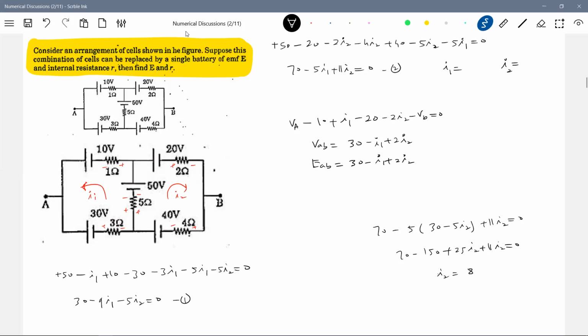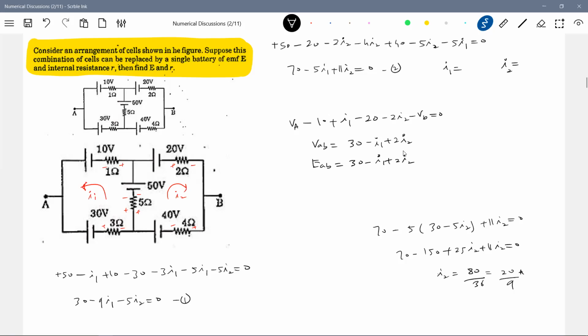So I2 is equal to 80 by 36. I think 20 by 9 will come. Am I right? 20 by 9 ampere. Okay, there's the value of I2.